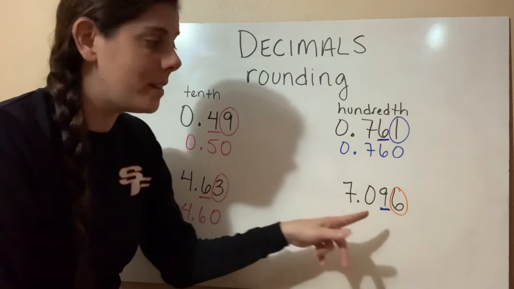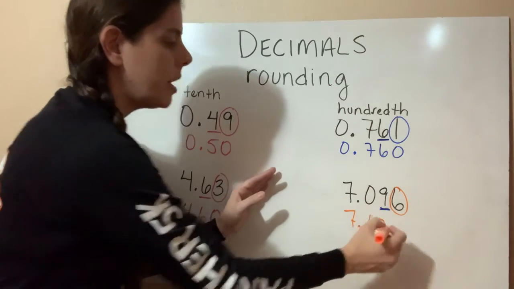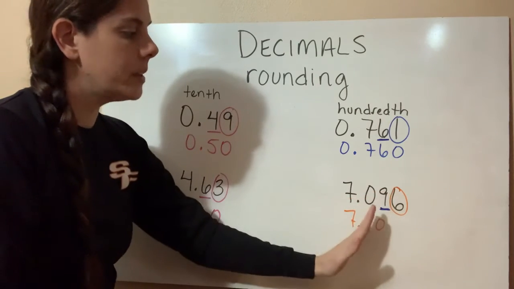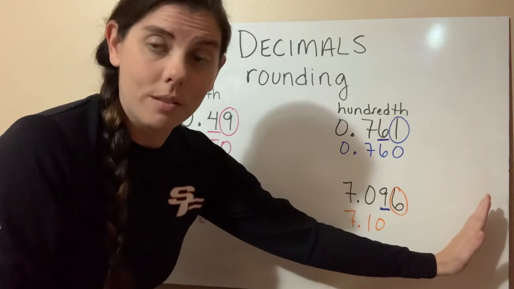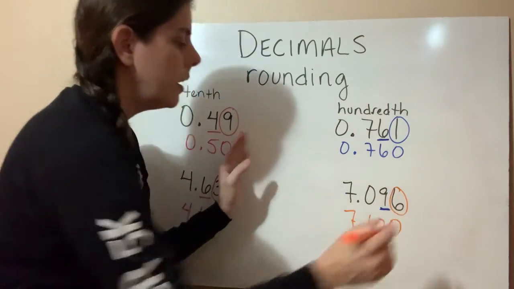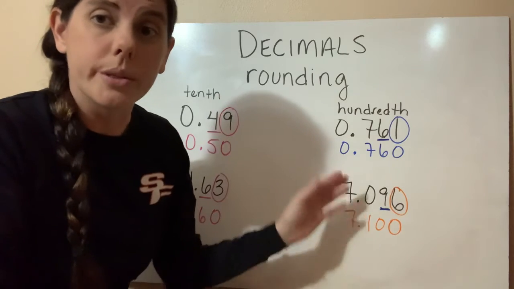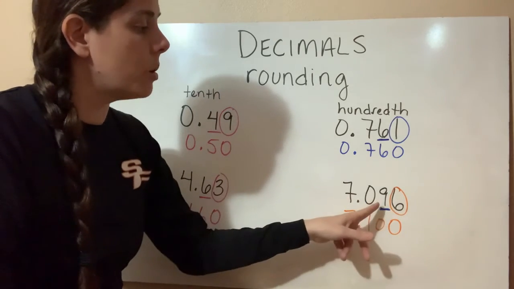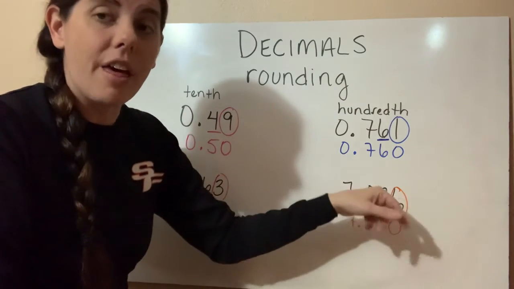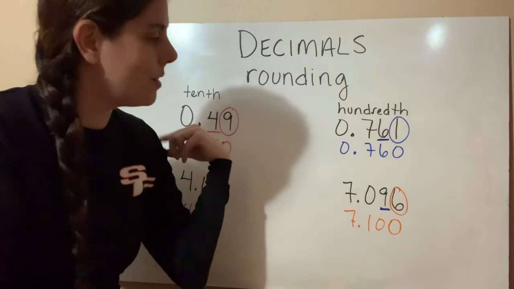So how do we write that? Well, we would write it as 7 point, and that 9 becomes a 10. What happens to everything after the place value that we're rounding to? It becomes a 0. So in this case, we could just write 7.1, or 7 and 1/10. So 96 thousandths would round to 1/10.